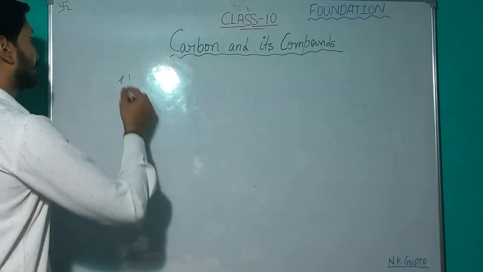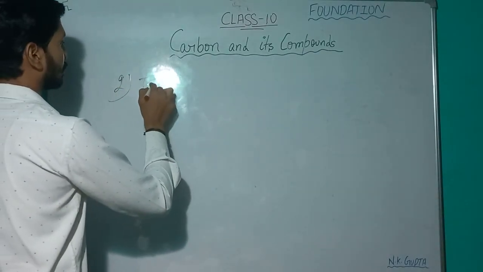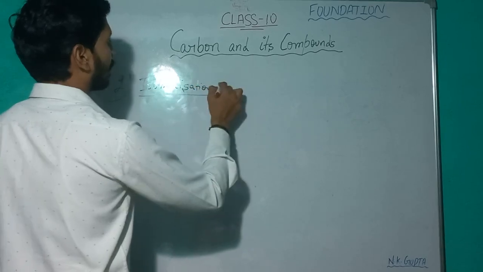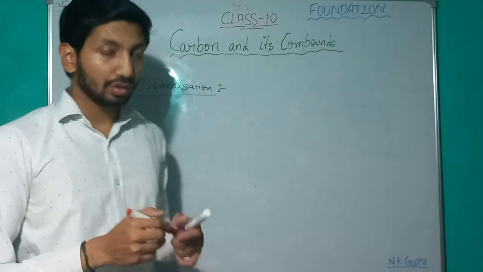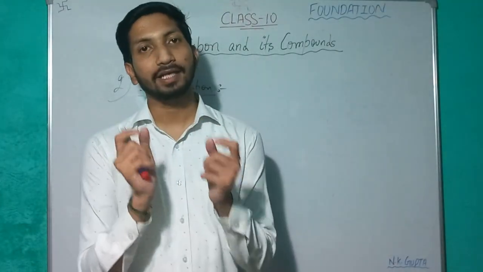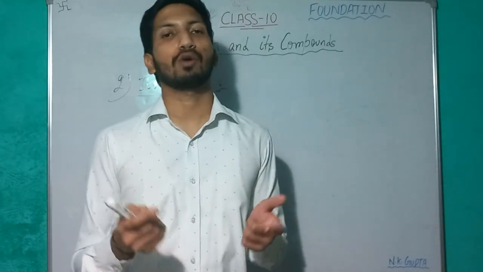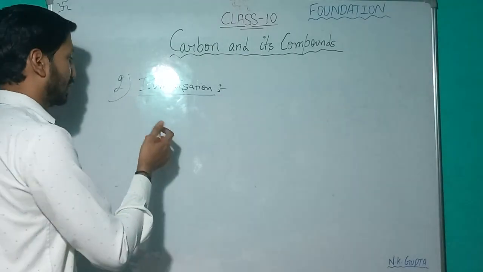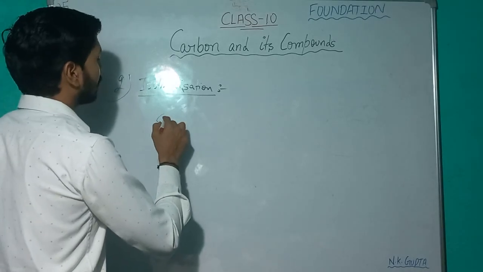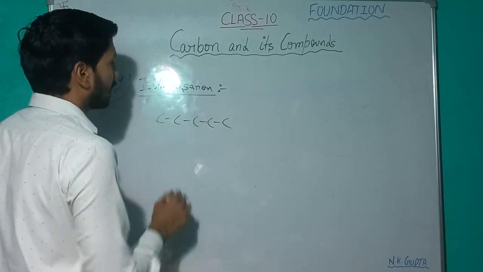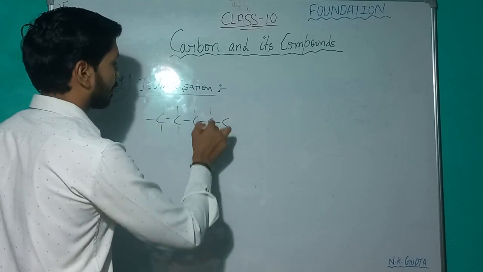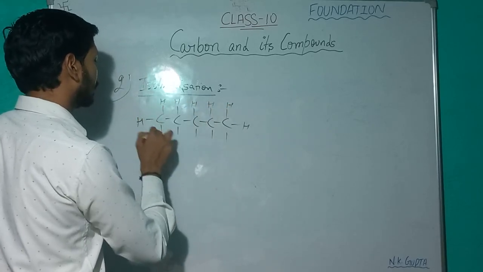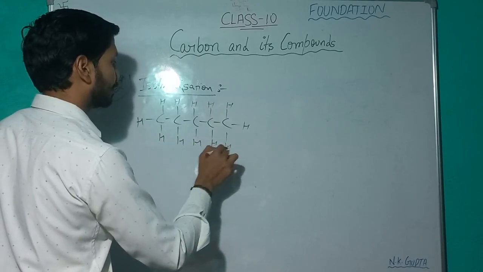Isomerization. Isomerization means when the molecular formula of compounds is the same but the structural formulas are different, those compounds are known as isomers. Latest example: carbon, carbon, carbon, carbon, carbon, that is known as pentane. Is it okay?